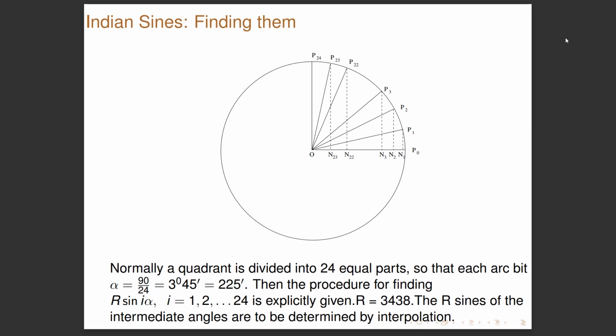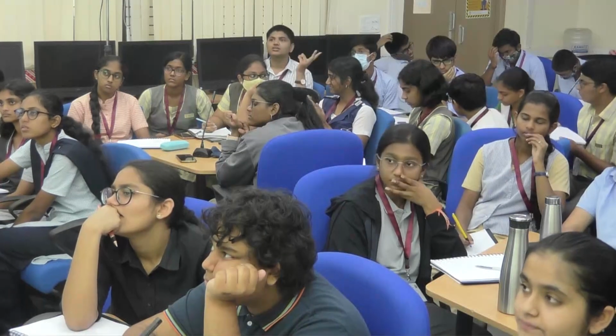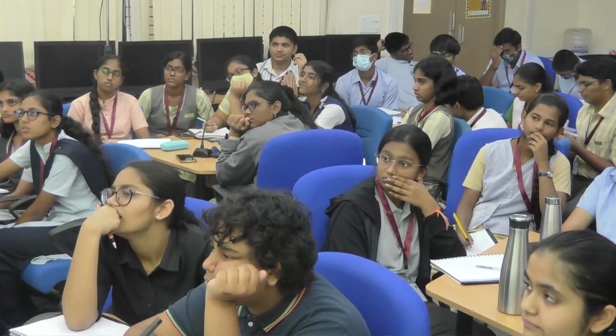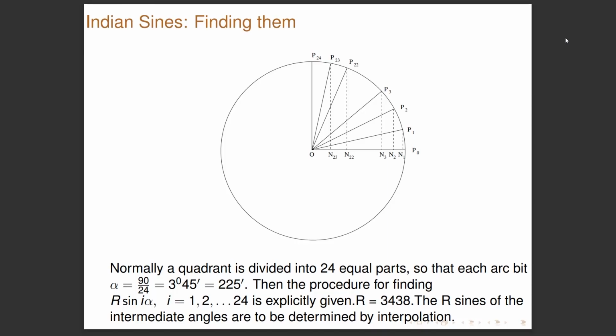Now suppose you take 22 or 21 also, I have not written it. That is R sin of 21 alpha. Now the first order differences are 23 minus 22, and the other is 22 minus 21. And the difference of these is the second order difference. And these differences will keep on decreasing. One can see that.